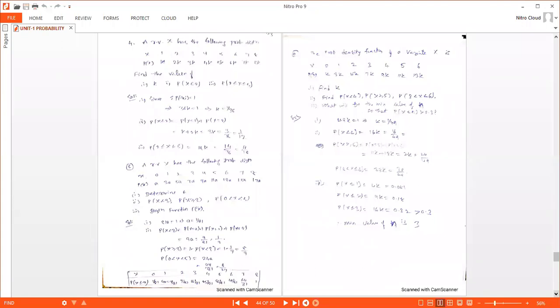And the next one, probability of X greater than or equal to 5. So that is equal to probability of X equal to 5 plus probability of X equal to 6. Substitute the values.